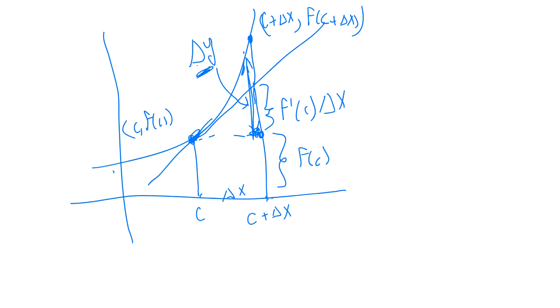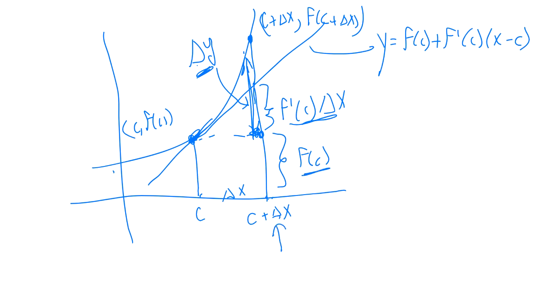The equation of this tangent line we just learned, we're going to use this form of that equation. And that relates to this right here. The y value, if I'm at this point, c plus delta x, is going to be f of c, which is this amount right here, plus f prime of c times x minus c.